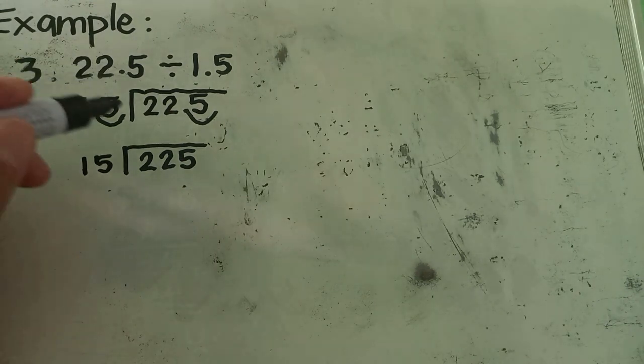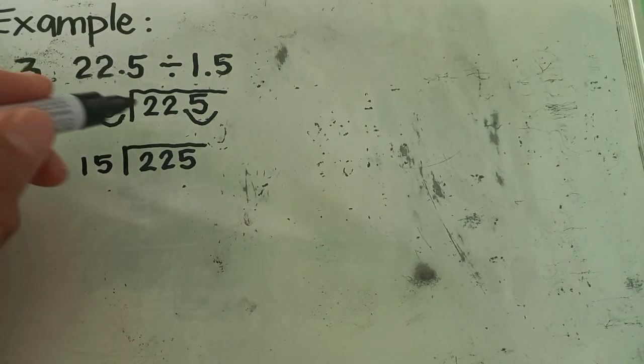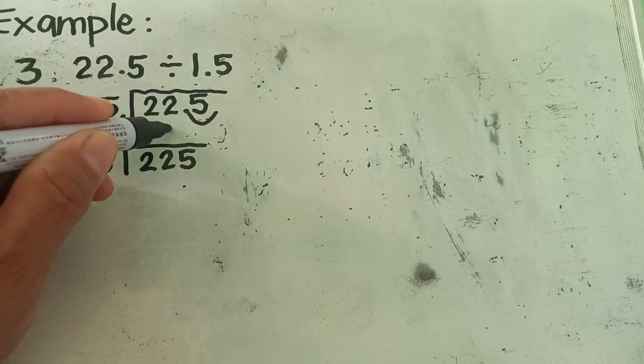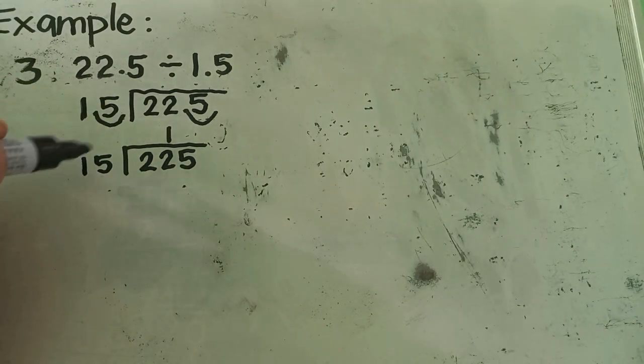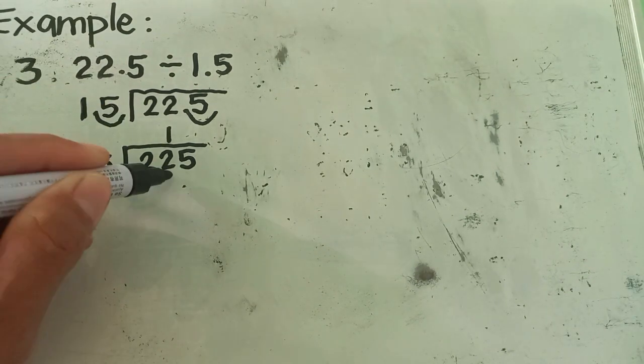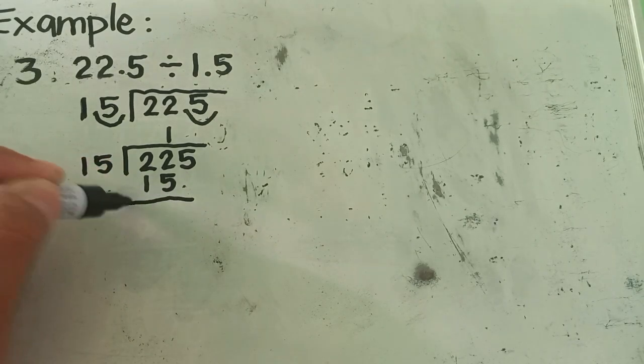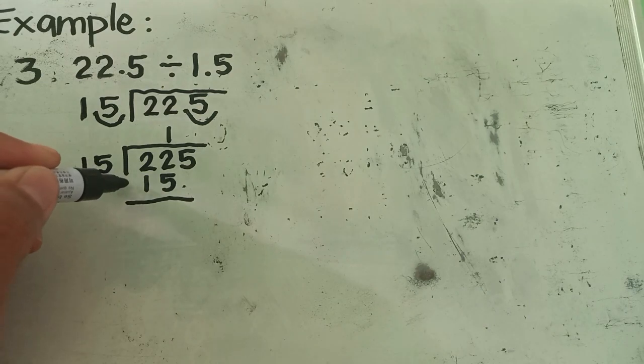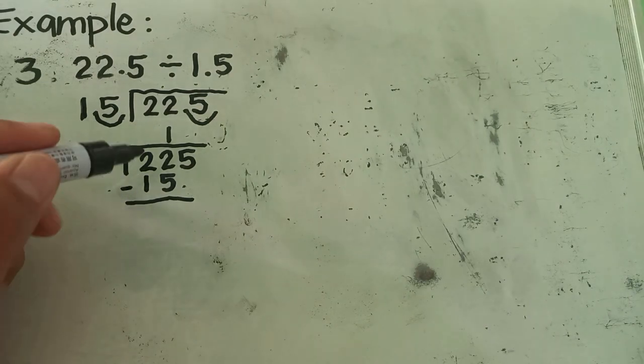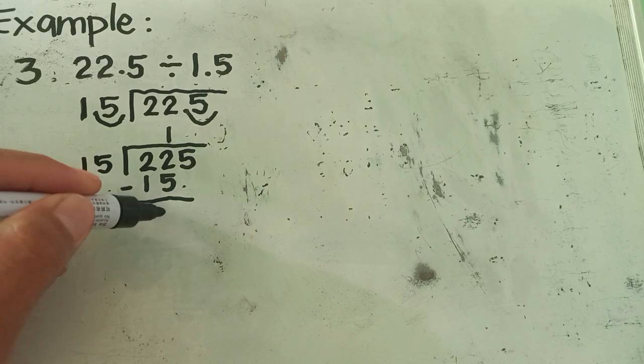22 divided by 15 is equal to 1. So 1 times 15 is equal to 15. Now, we will get the difference. So, 2 subtracted by 5 cannot be.